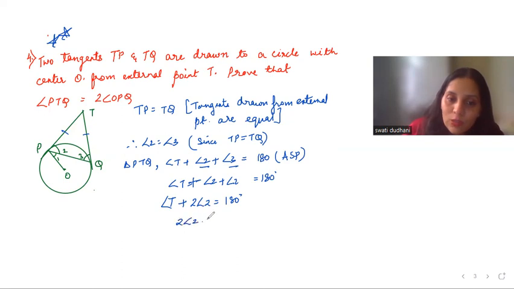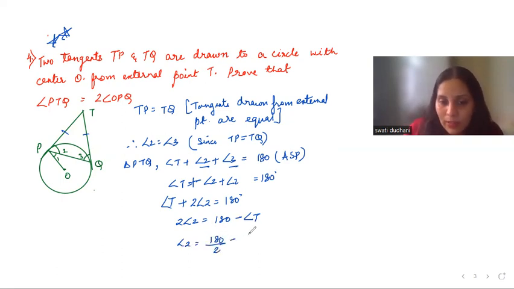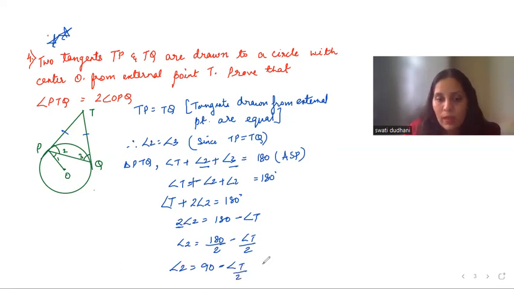So 2 angle 2 is equal to 180 minus T, or angle 2 will be equal to 180 by 2 minus T by 2. Basically I am dividing by this 2. So I get angle 2 is 90 minus angle T by 2. I got the angle 2 value.